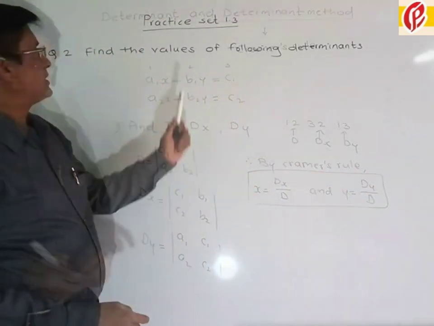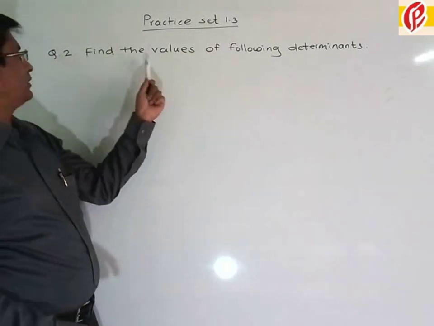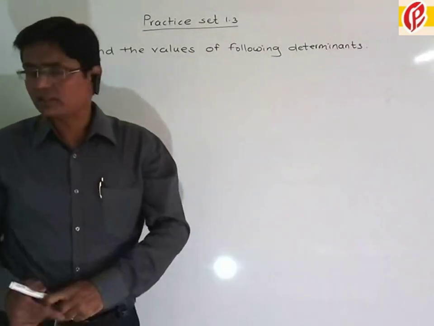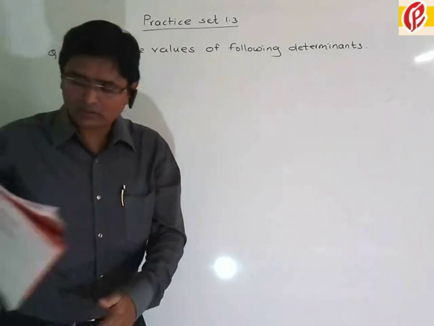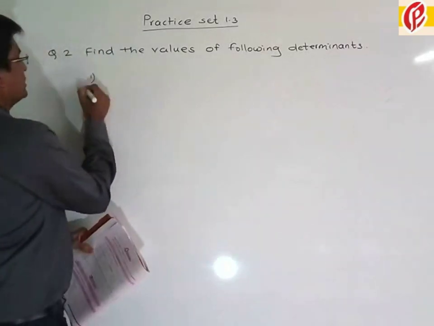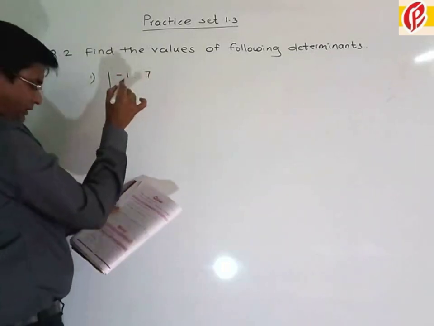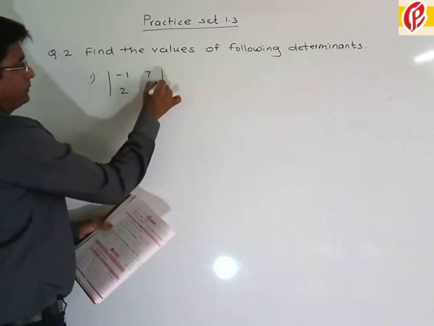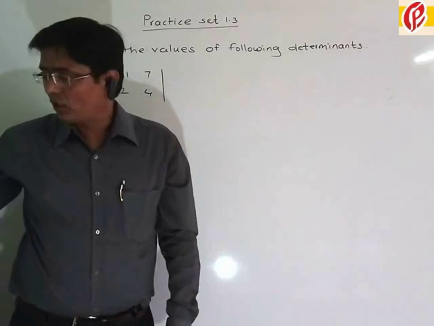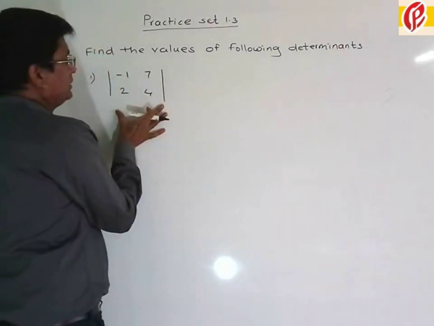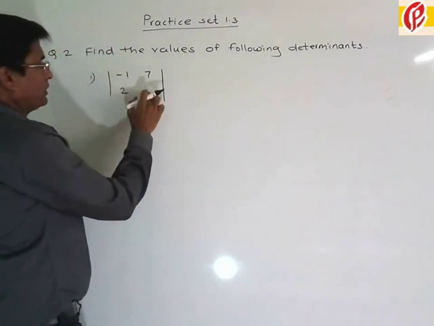So practice set 1.3, question number 2: find the values of the following determinants. I will take the first sum, that is the determinant of -1, 7, 2, 4. How to find the value of this determinant? The formula is cross multiplication.